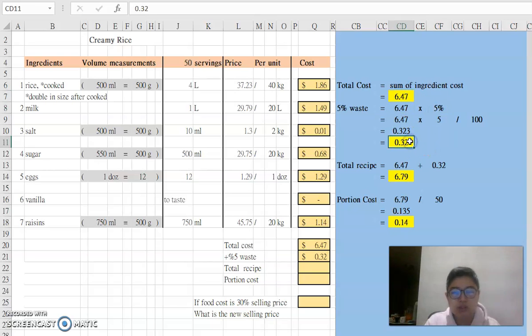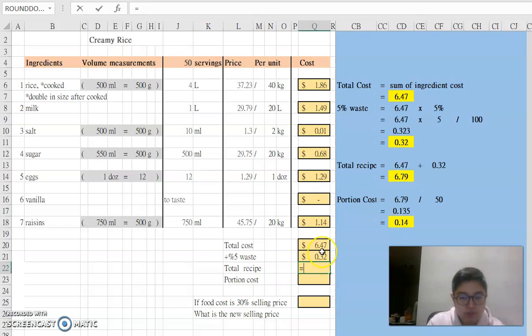And the answer is here. For the next one, total recipe. Total recipe is the total cost add the 5% waste, which is 6.47 add 0.32, which is 6.79.